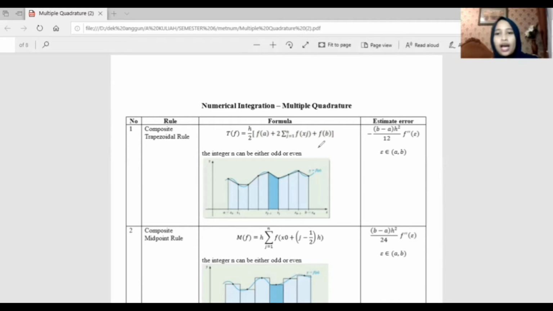And the integer N can be either odd or even. To look for the estimate error, we have (b minus a) times h squared over minus 12 times the second derivative of epsilon, where epsilon is an element of a and b.